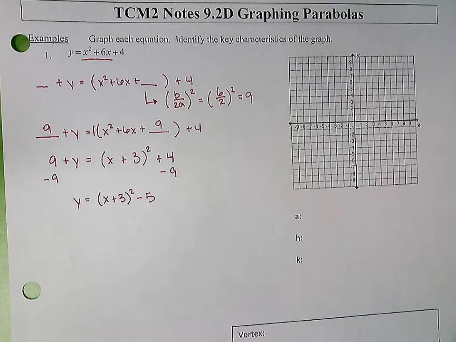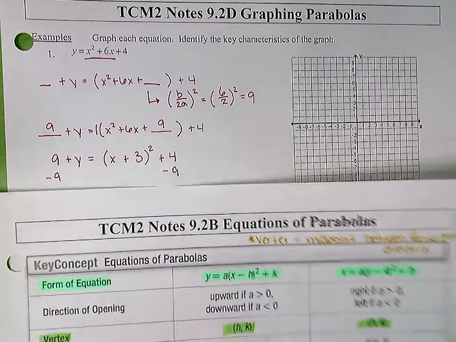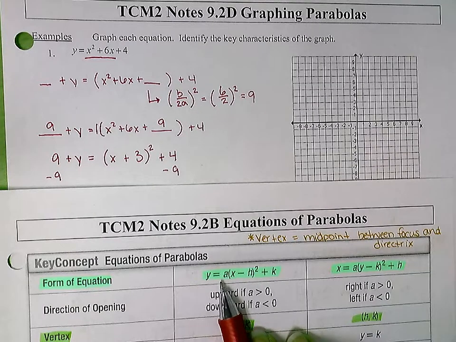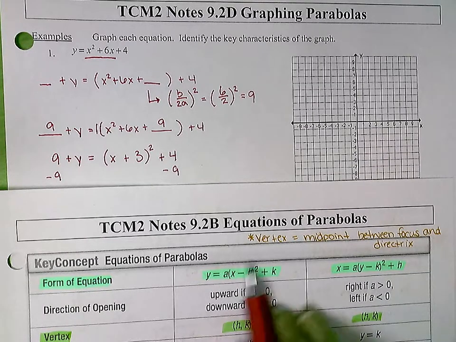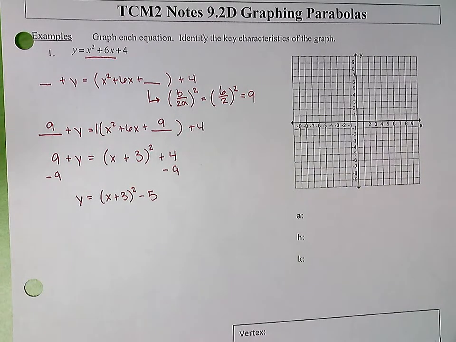All right. From this point, I have my table here again. If you have that note sheet, there are 2 note sheets with this table on it. Just use one of them, it doesn't matter which. If I look at my form of equation, I'm in this form here. It's a y equals, so I'm using everything below it under that column.